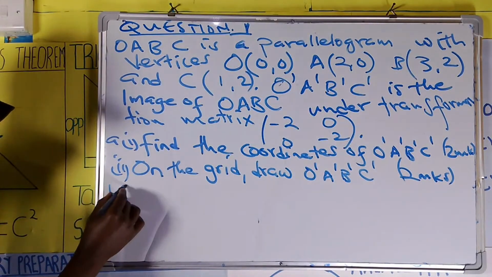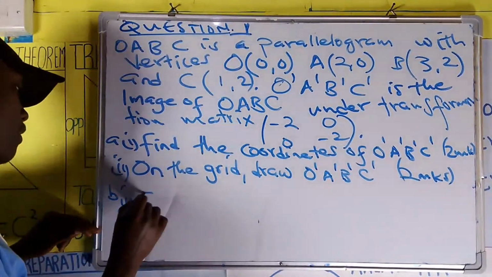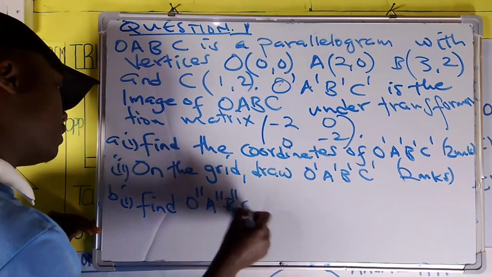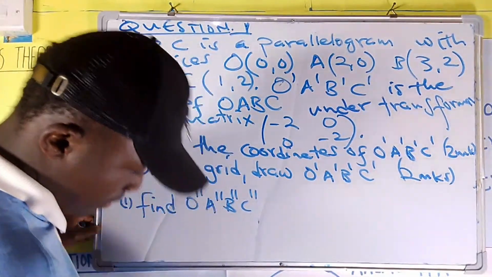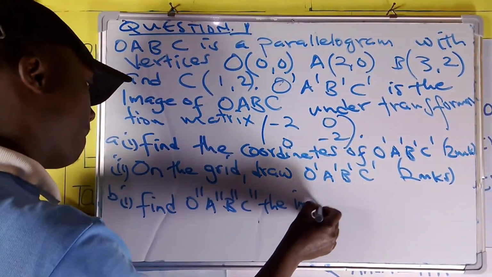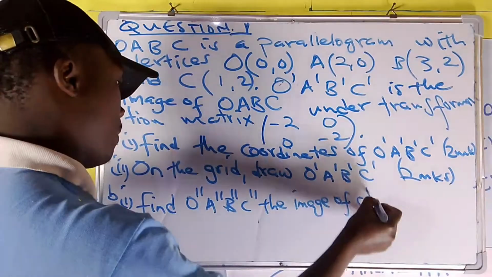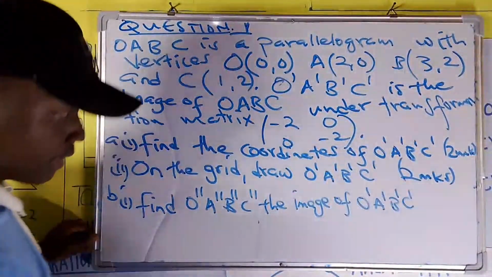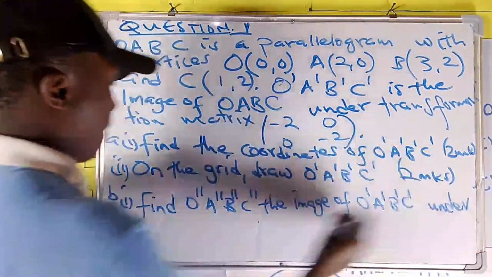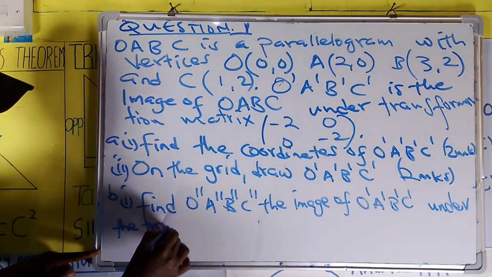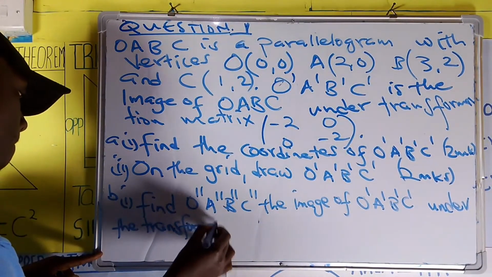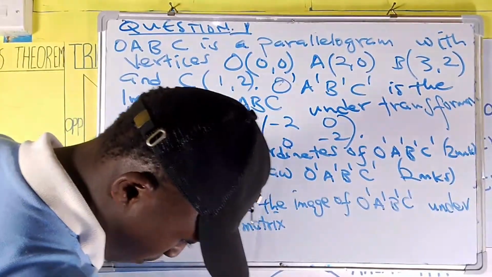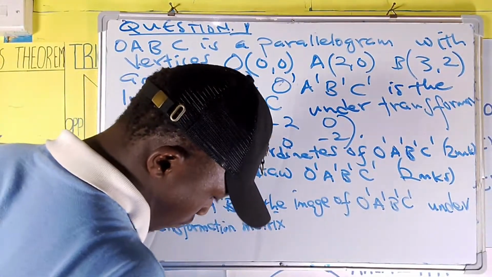Part B, Roman 1, find O double prime, A double prime, B double prime, C double prime, the image of O prime, A prime, B prime, C prime under the transformation matrix (1 0 0 -2).